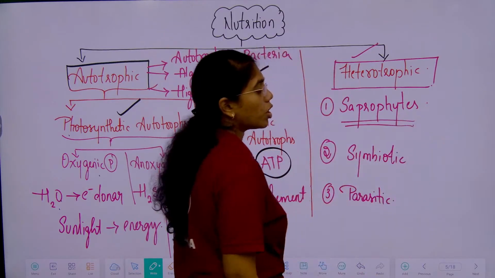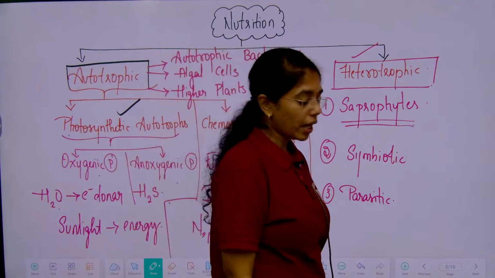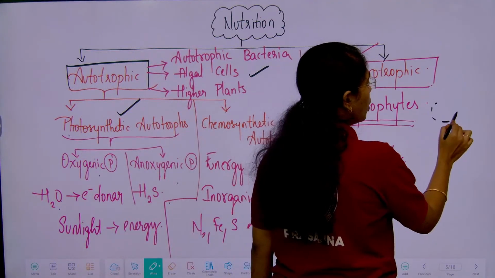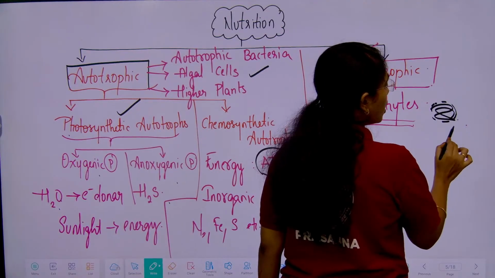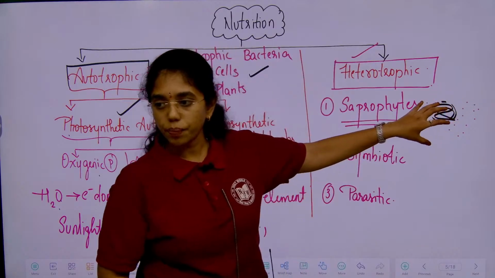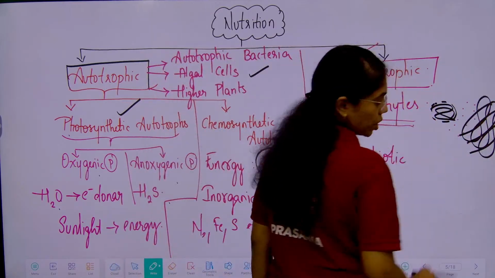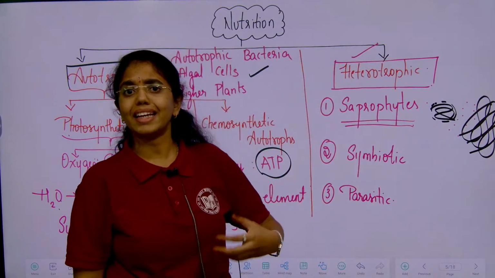Saprophytic mode of nutrition is mostly observed in fungal species or fungi, where the organism will be releasing out the enzymes. For example, this is the organism. In close proximity to the organism, there are food materials present, complex food materials like debris.